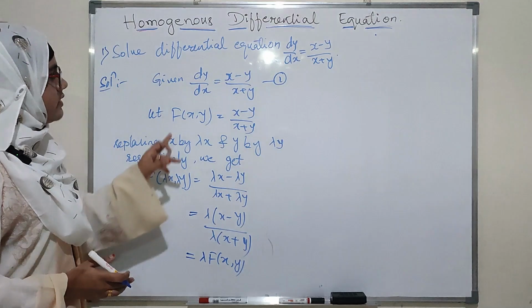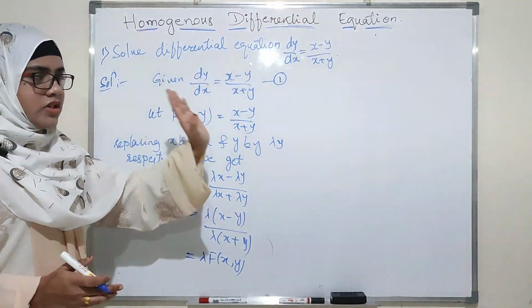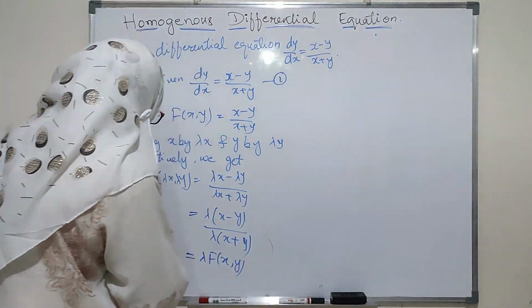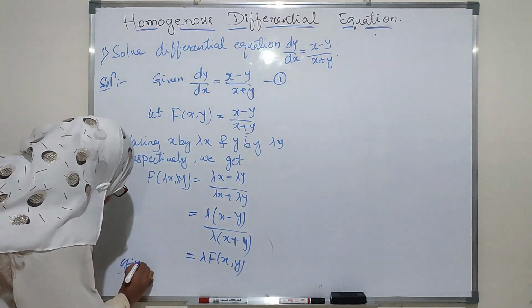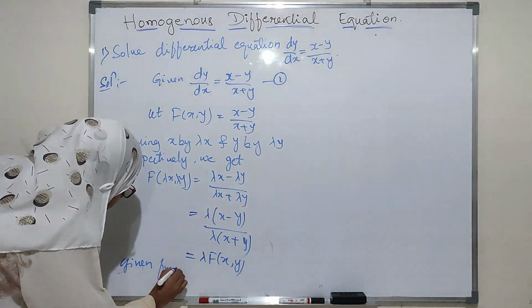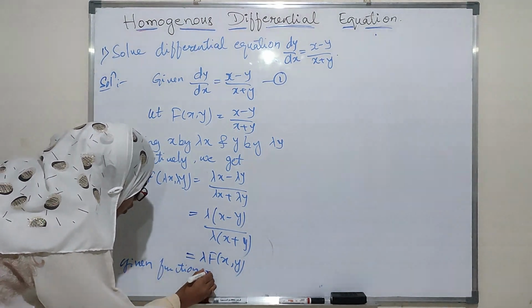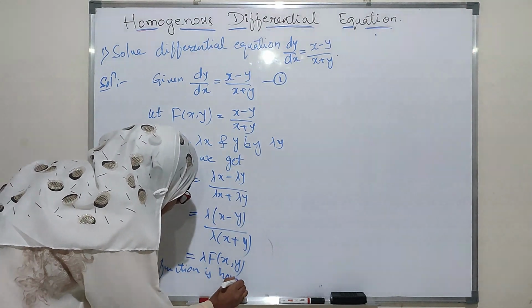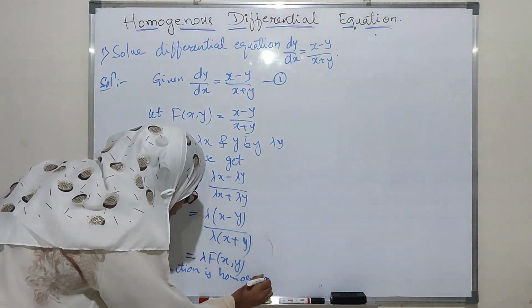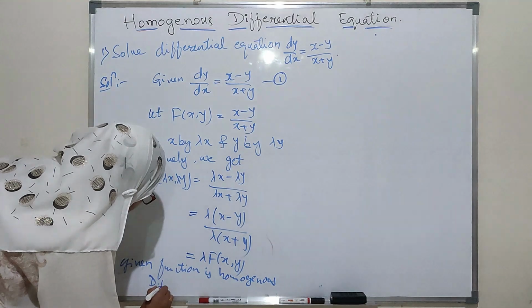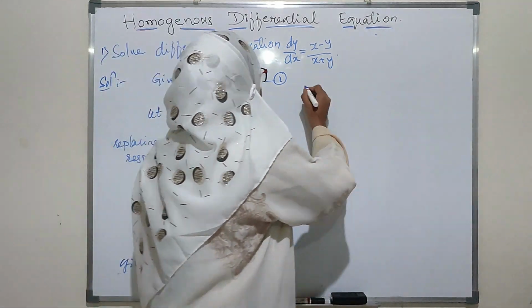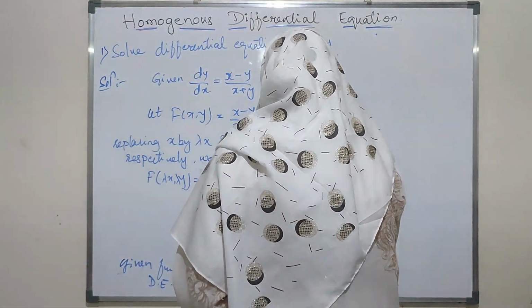So that means the given function is a homogeneous differential equation. You can write: given function is a homogeneous differential equation.